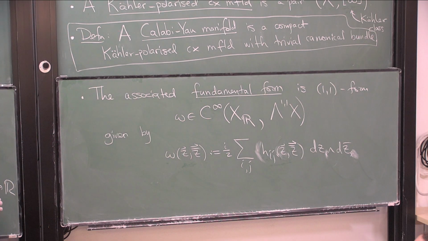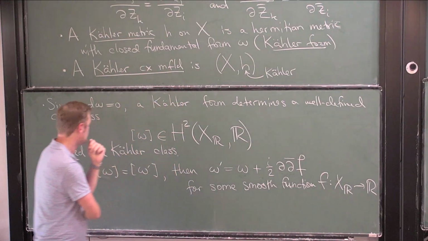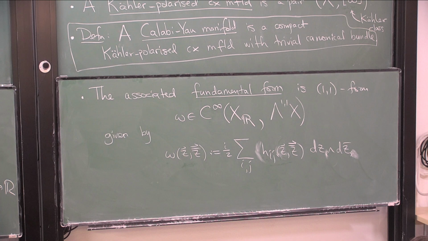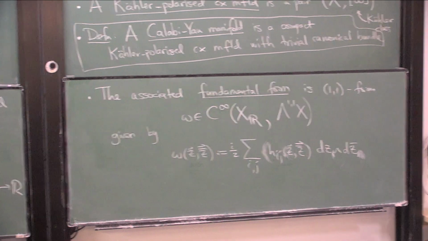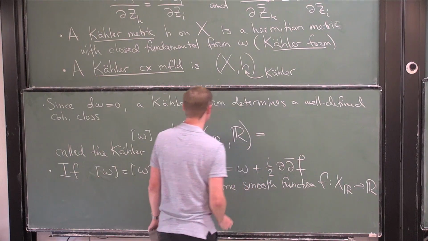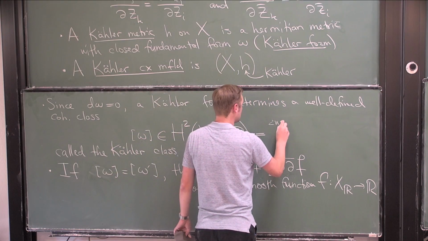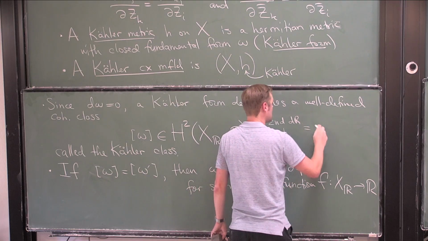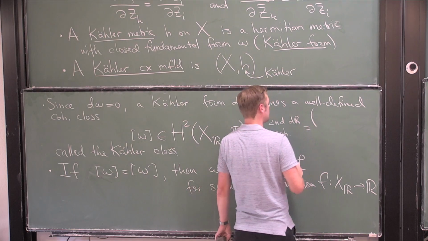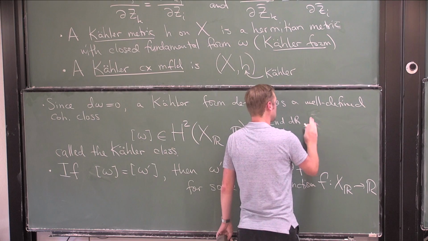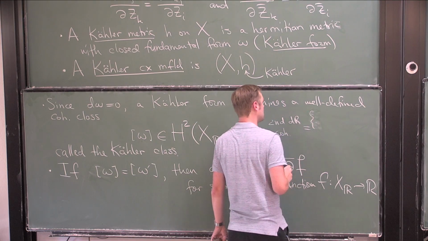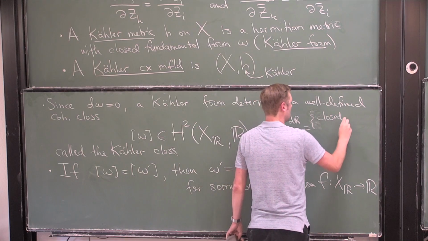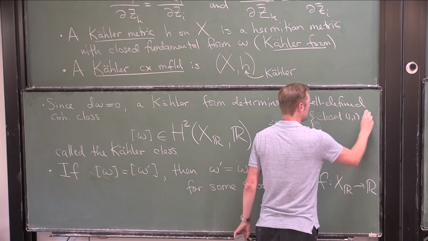Any other questions? Maybe could you explain a bit more what this H2 is, in terms of what was introduced in the lecture so far? Well, you can just say this is second de Rham cohomology. Or in other words, I'll write it like this, it's the space of closed 1-1 forms.